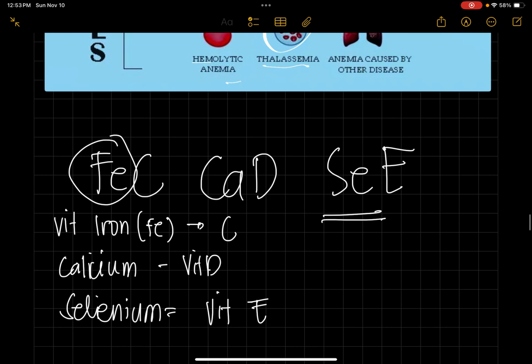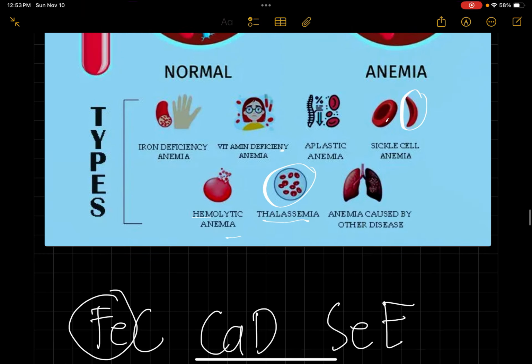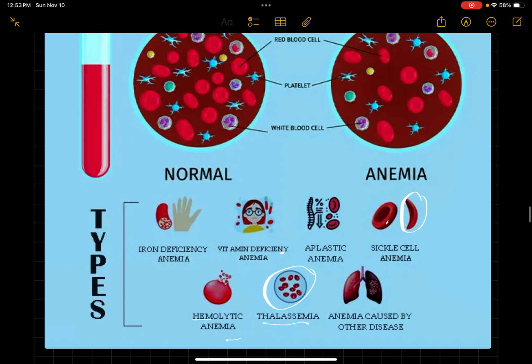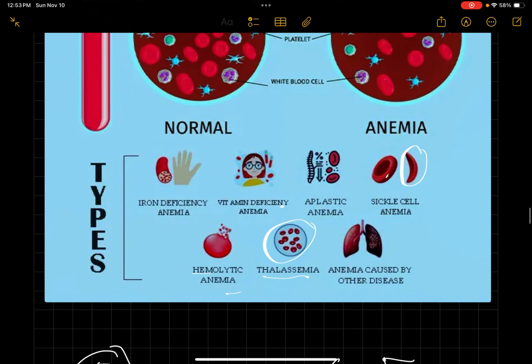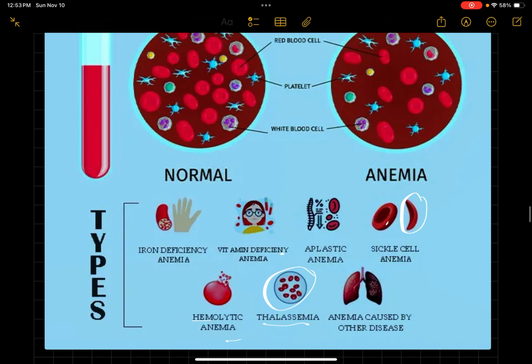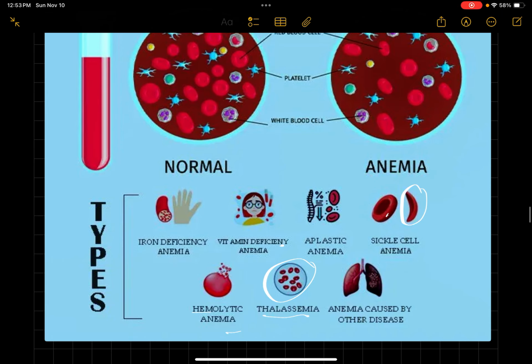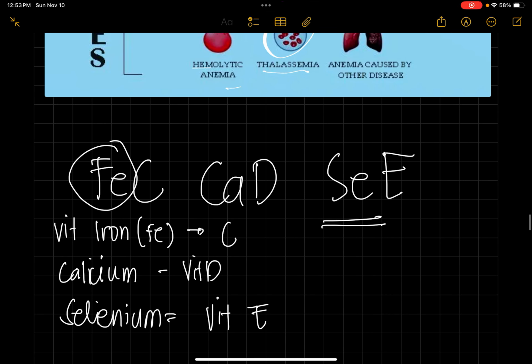So, that's why, kung mag-ara ka mo sa doctor, for example, you're pregnant and you were asked to take ferrous with vitamin C is because we have this mnemonic, no? FECAD C, which is when you are taking ferrous, you have to take also vitamin C to absorb it more.